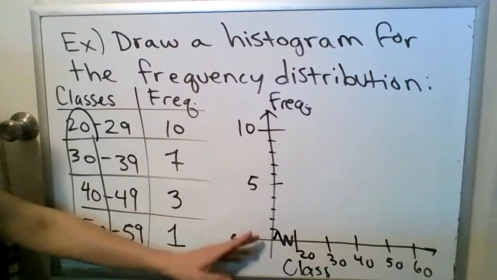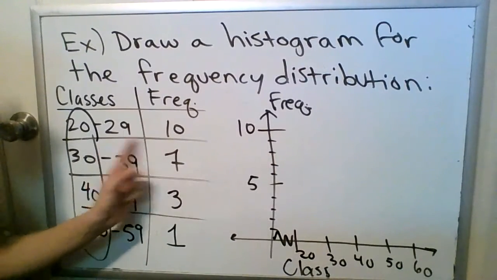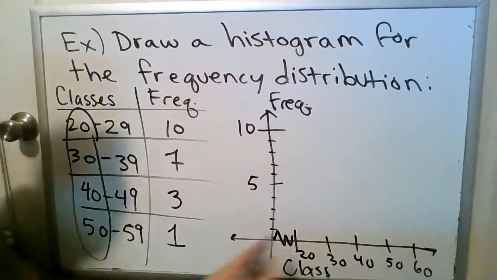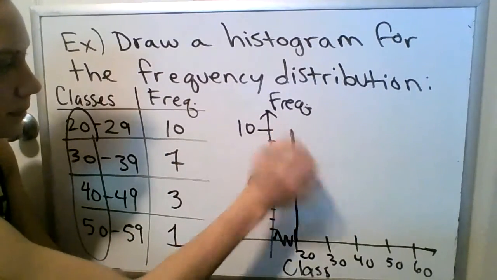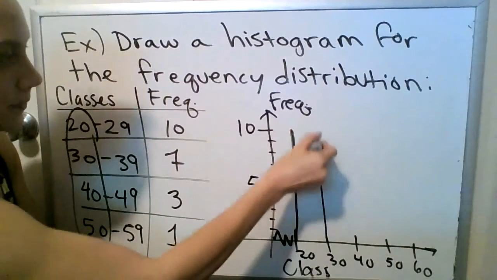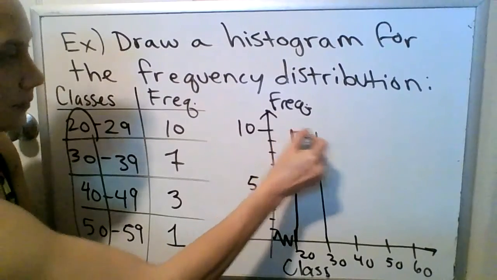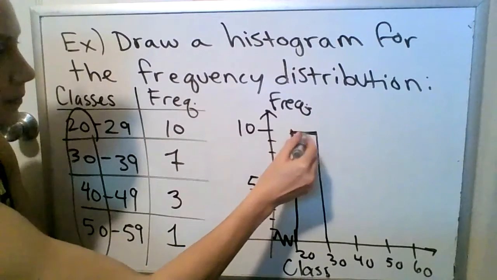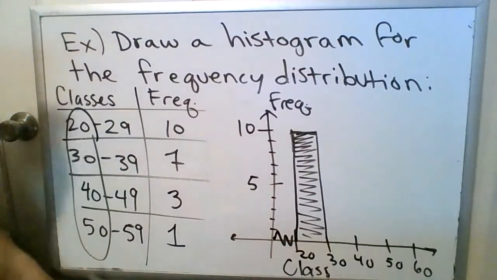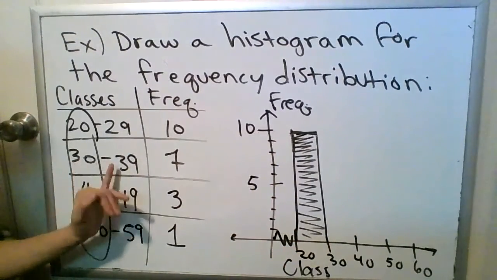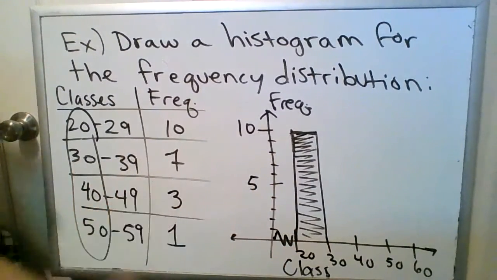Now that I've got some units labeled, let's go to that first class, all the way up to 10. Next class between 30 and 40 is a height of 7.